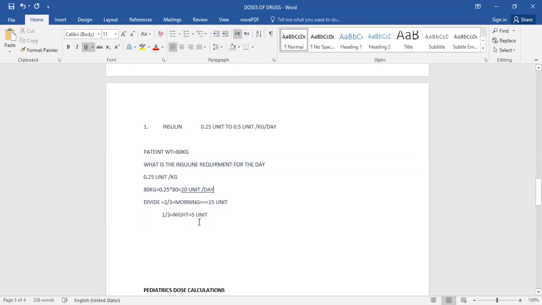Then ask the patient to monitor the sugar levels and see how they are going, and then you can tailor this. This is the starting point. After the patient comes back, you can readjust the doses of insulin based on the FBS and RBS. Okay, let me ask you first.